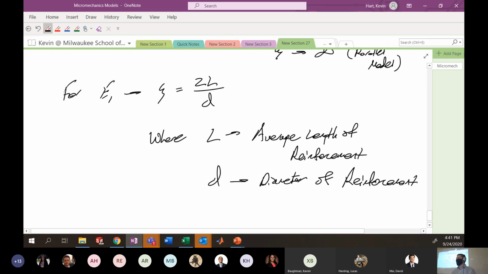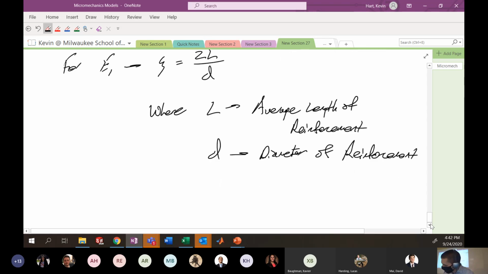L over D is your aspect ratio. All right.